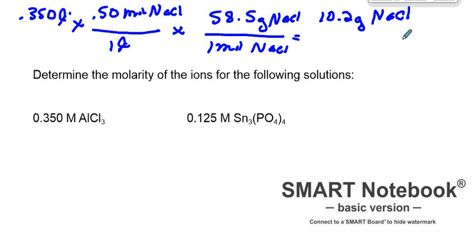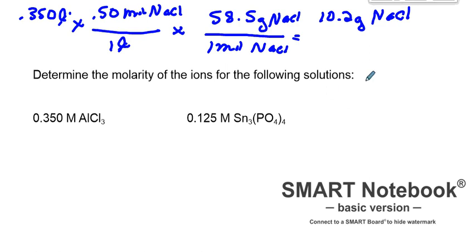Now, what if we want to talk about the ions that are present? So I've got 2 different solutions here. 0.350 molarity aluminum chloride and 0.125 molarity tin phosphate. We want to know what the molarity of the ions are. And by the way, the capital M, you can abbreviate that in a different way.